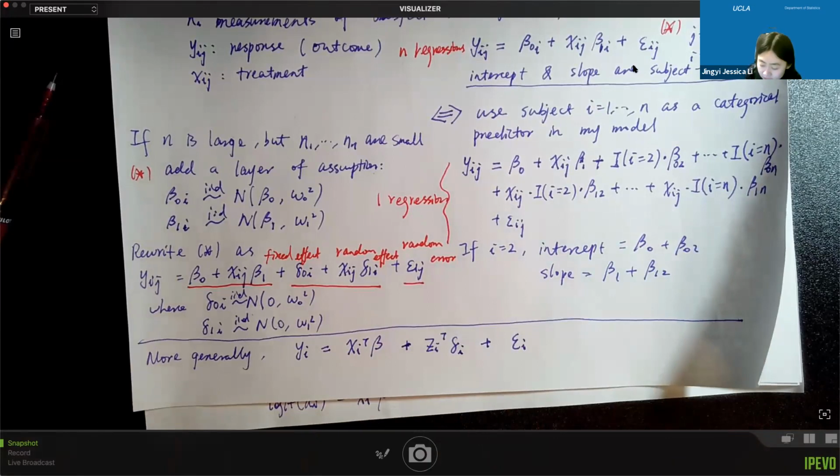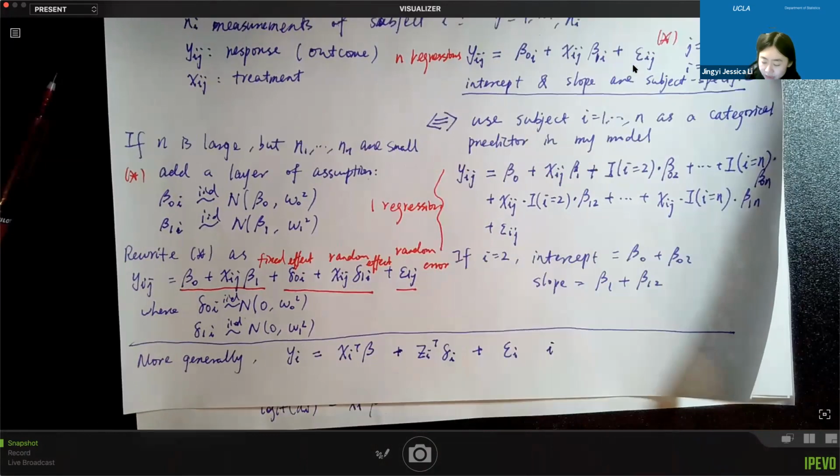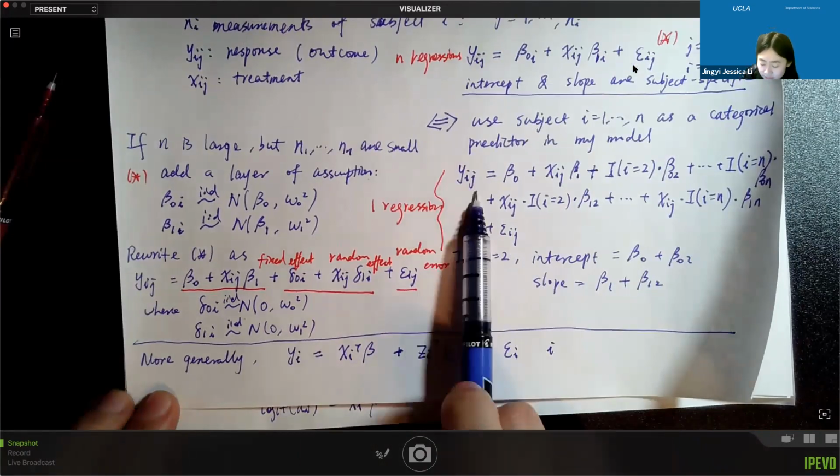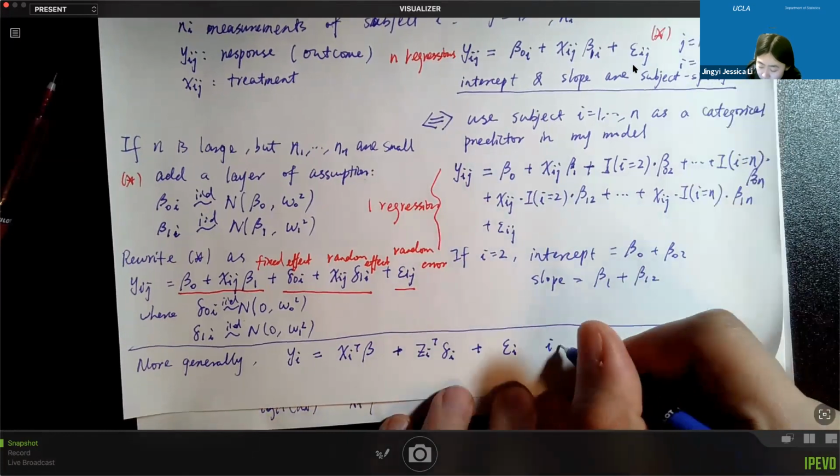So here I didn't write out the within group, so I don't have the sub-index j, because I'm just writing this out for the whole group. So i from 1 to n.